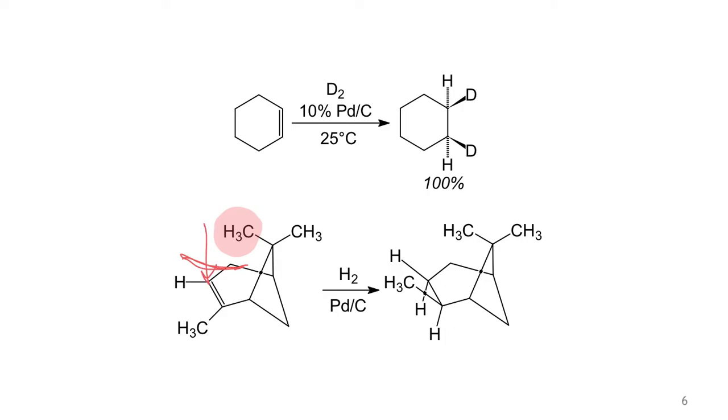The hydrogen adds exclusively to the bottom face of the double bond. And so when the hydrogenation occurs and the two hydrogens are added, we end up finding those two hydrogens in the final product on this face of the compound. And again, this is evidence of the syn addition of the two hydrogens to the same face of the double bond.